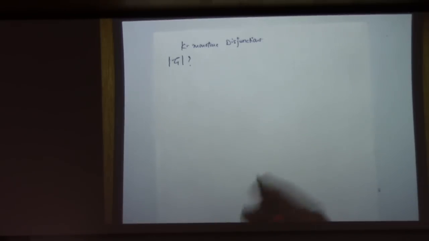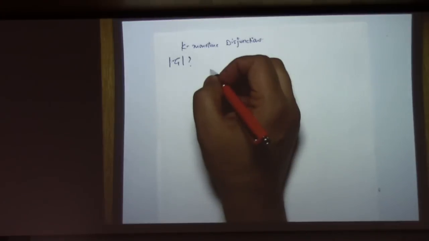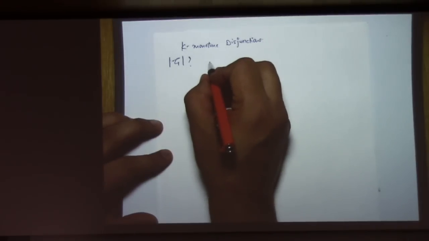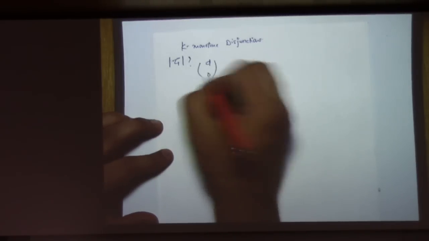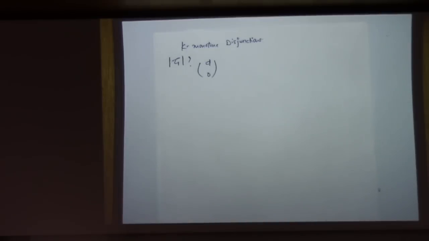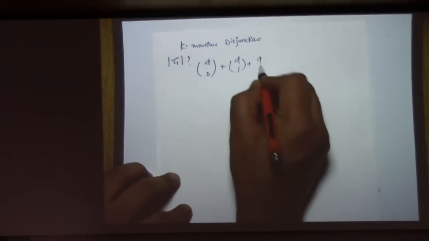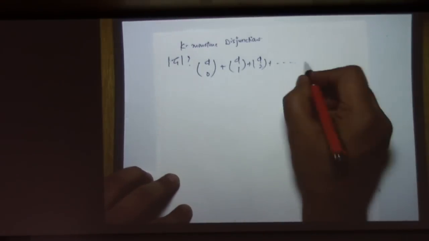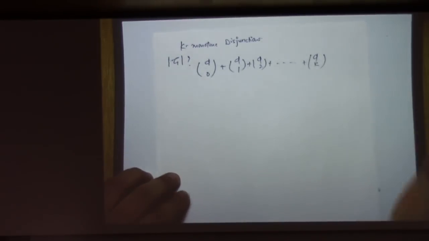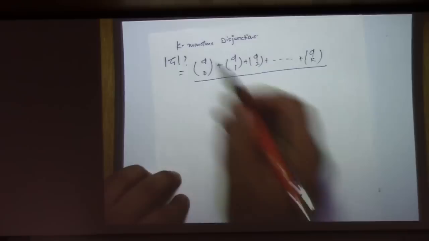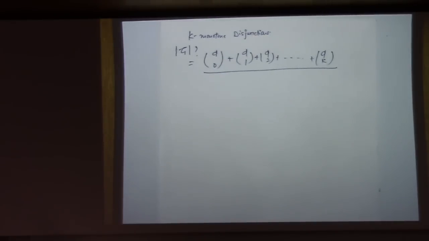So first you can take 0 items. How many ways can you take 0 items from d attributes? d choose 0. You can take 1 item, you can take 2 items, and you can take k items. So this is the size of your concept class, and you can work it out.